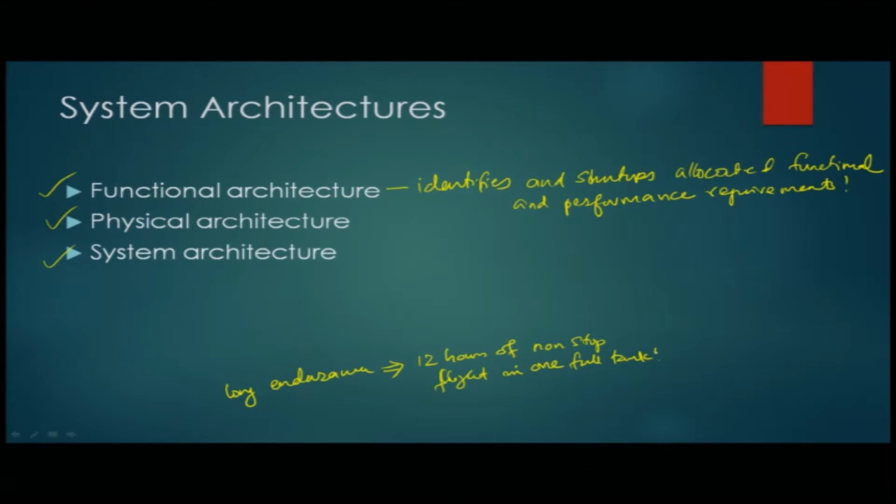Similarly, the functional requirements and their associated performance requirements will come out of this. It should be capable of doing day and night watch or surveillance. That comes in, then you say it translates to an EO plus IR dual payload. So, we can think about it in a broader sense. I am just giving you some examples. So, the functional architecture to some extent gets described out of this.